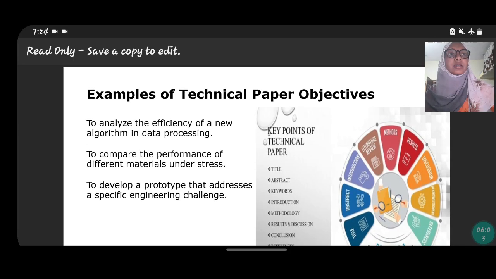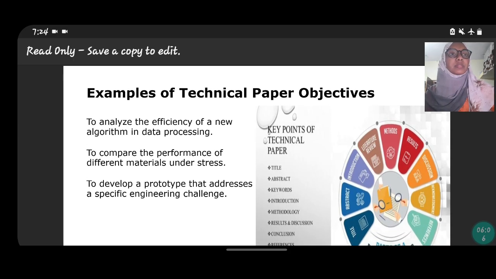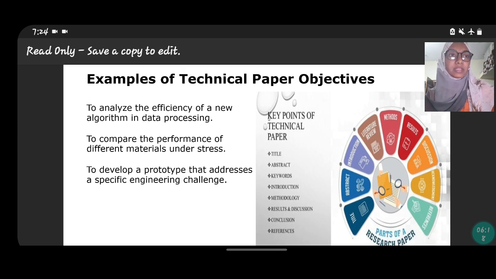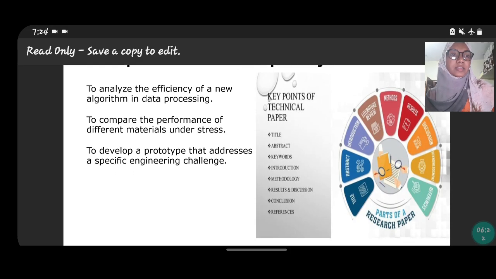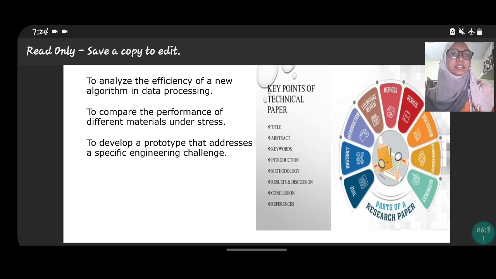So under this, we have to come over from all the test cases, and after that we have to build a prototype on that. And here are a few key points of technical paper writing: title, abstract, keywords, introduction, methodology, result and discussion, conclusion, and references.